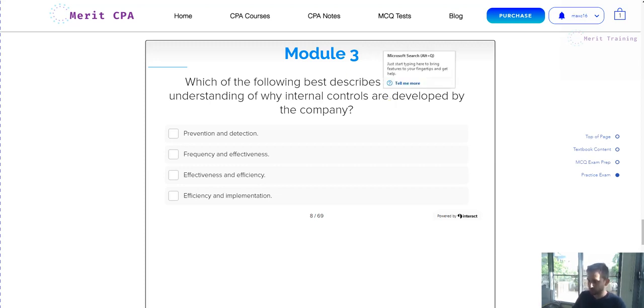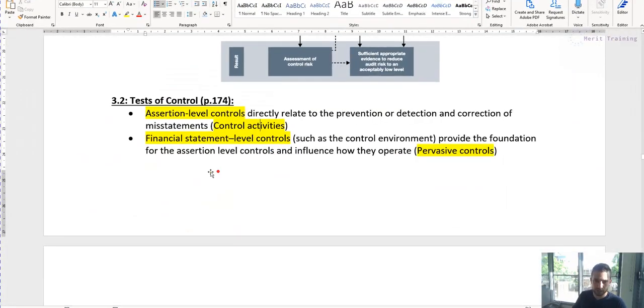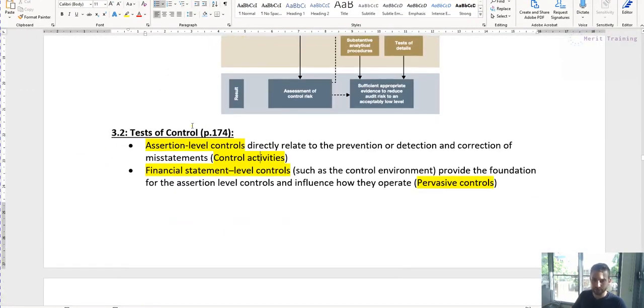Now what I'm going to do is scroll down a little bit on Module 3 because I know that there is a section there on test of controls. So I'm just bringing that up now. Test of controls, Module 3.2. It basically says assertion level controls directly relate to the prevention or detection and correction of misstatements. So it's about having these processes in place which prevent or detect misstatements.